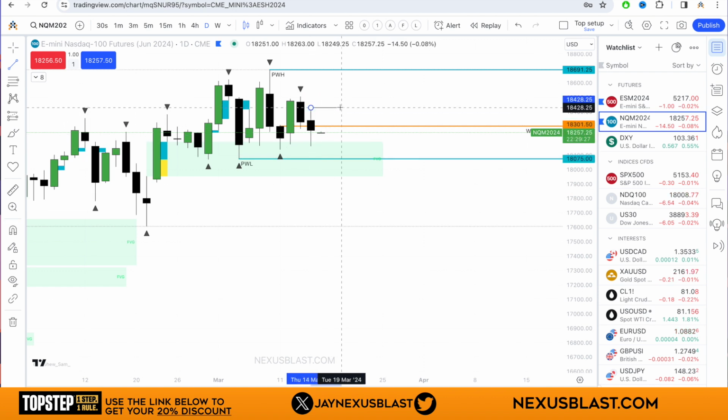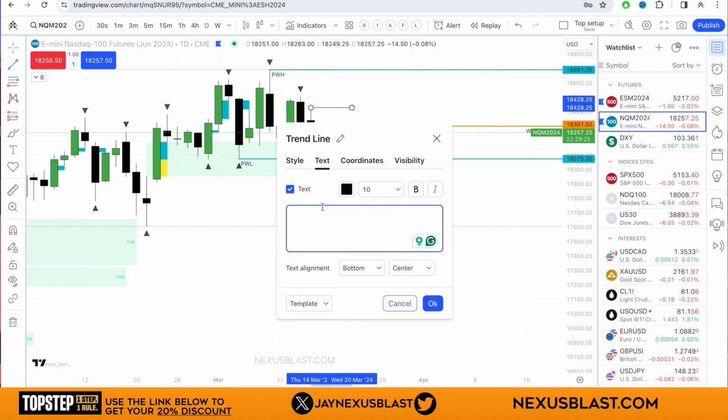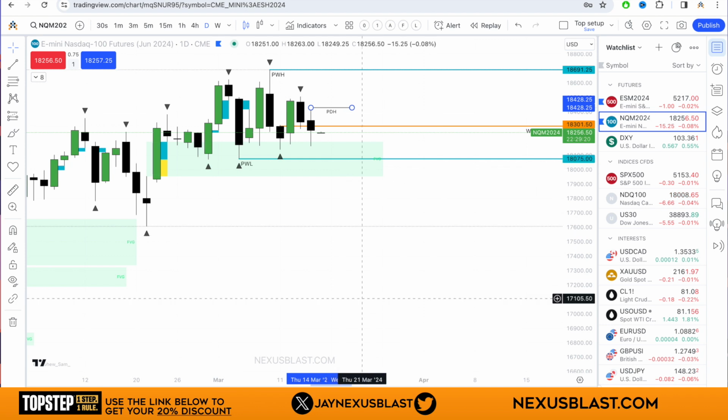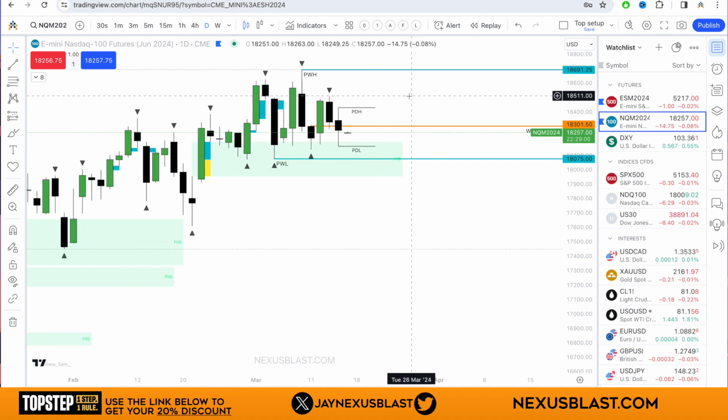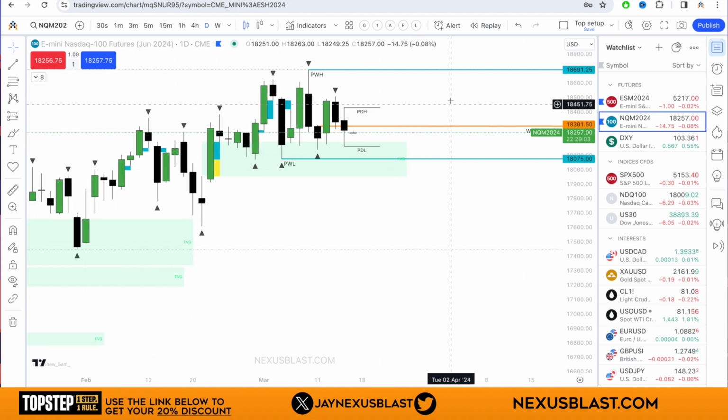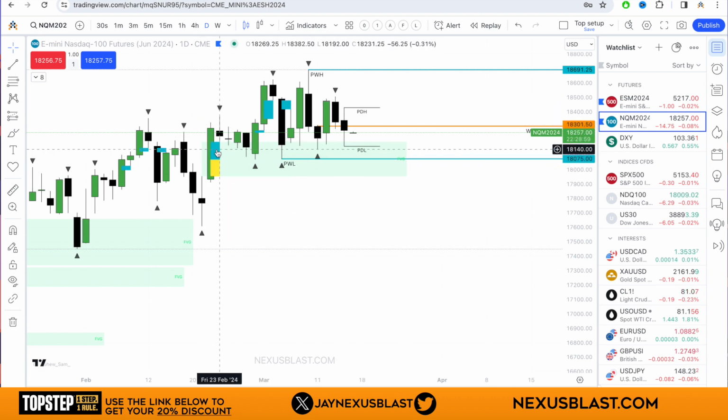So this is going to be the previous day high, and then same thing for your previous day low. All right, you notice that we're currently in a large fair value gap.